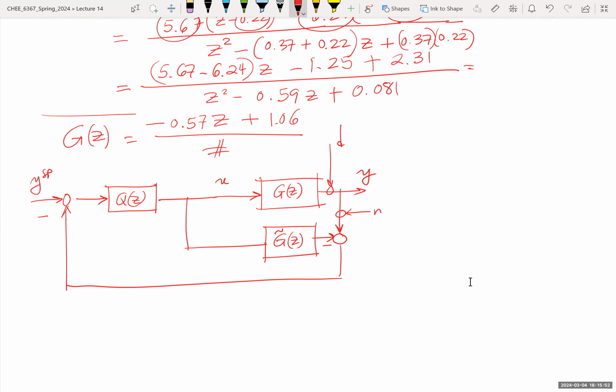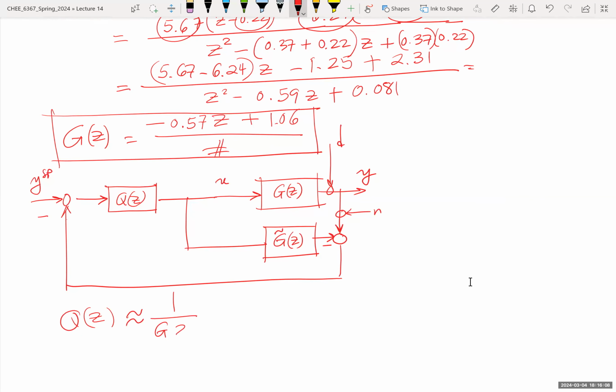And we know how to design our controller. If we have our G of Z, the target for Q of Z is to make this approximately equal to 1 over G of Z, right?